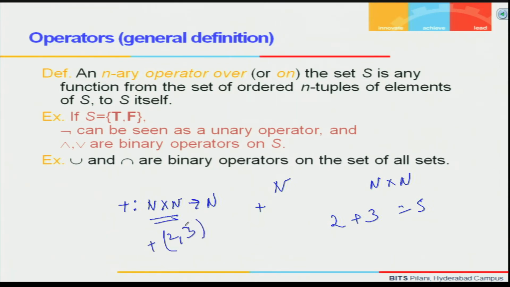What is the value that you associate to plus of (2, 3)? You will associate a value of 5. This function is defined like this: plus of (2, 3) is nothing but 2 added with 3. This is how I am defining it. So all the tuples in N cross N will be given a value in N based on the way that I have defined the function. So this operator can be represented by means of a function.